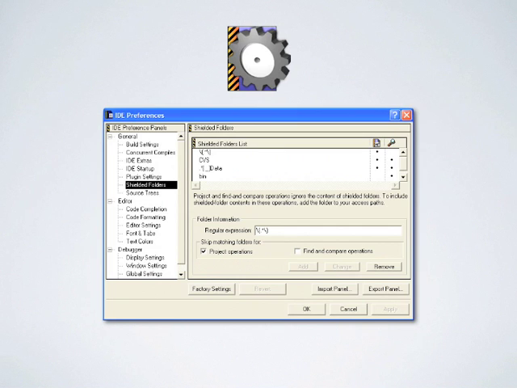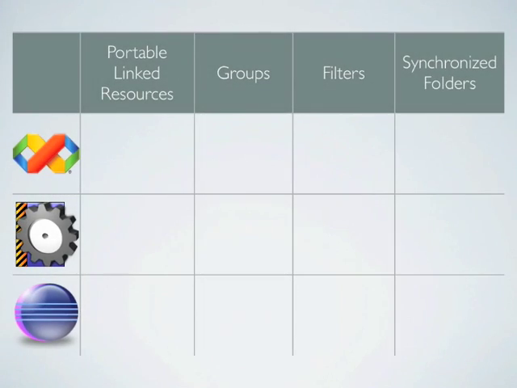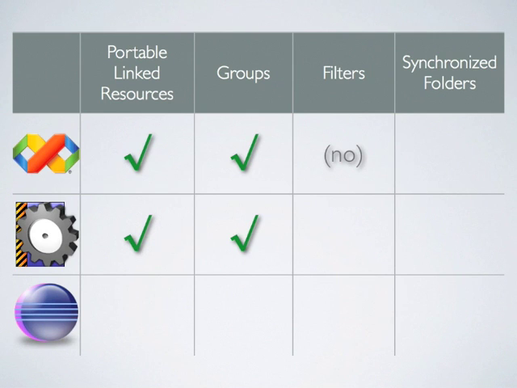Although this mechanism doesn't work perfectly, it has been implemented partially to resolve this problem. So as we can see, Visual Studio has portable link resources, has groups, and doesn't really have filters the way we understand them in Eclipse. CodeWarrior has portable link resources, has groups, and that's it.